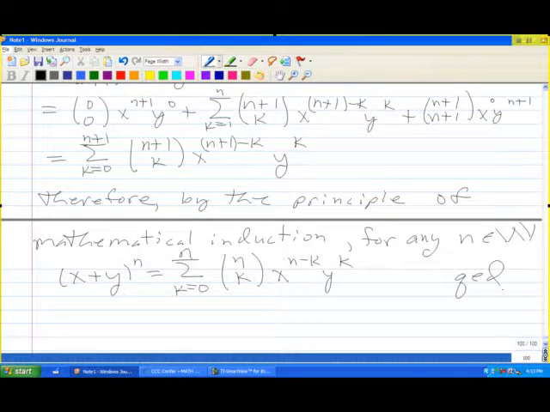And so I am done. And so that finishes off section 15.7, which finishes off the book.